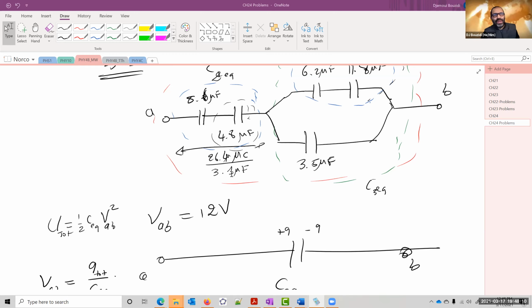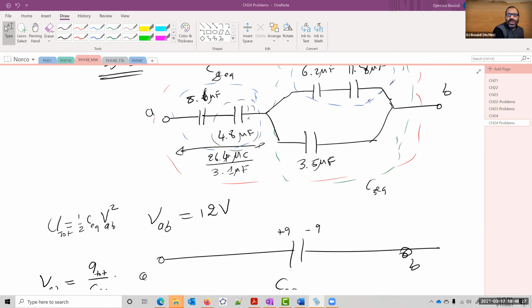You have the charge over the capacitance. The equivalent capacitance was 3.1, and the charge for both of them is the same, which is 26.4. So it's 26.4 divided by 3.1. Remember, the micro and the micro cancel. So it's 8.5 volt.